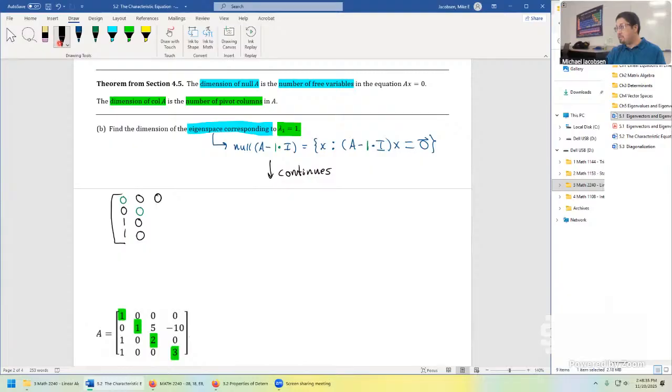So it's going to be 0, 5, subtract 1 for this entry here, which was 2. Now it's a 1. Let me fix that. And then 0, 0, negative 10, 0, and finally a 2 in this position. So minus 1 times I just means subtract a 1 from here. It's augmented with the 0 vector.